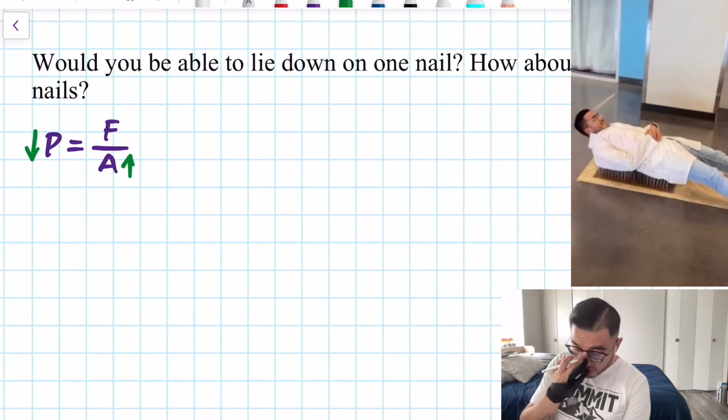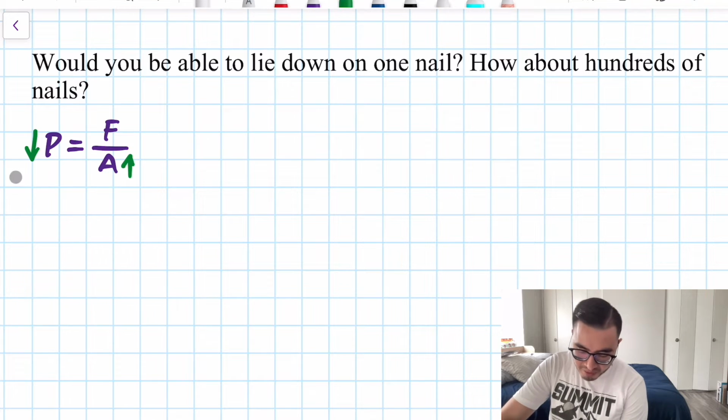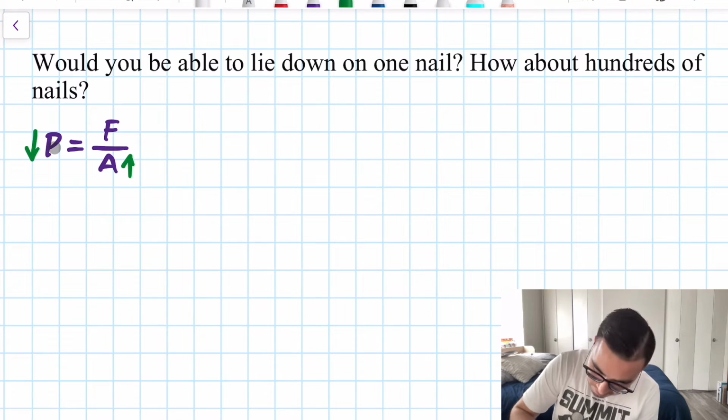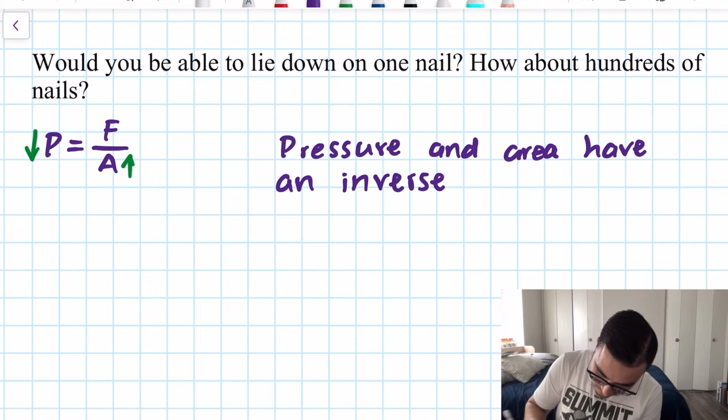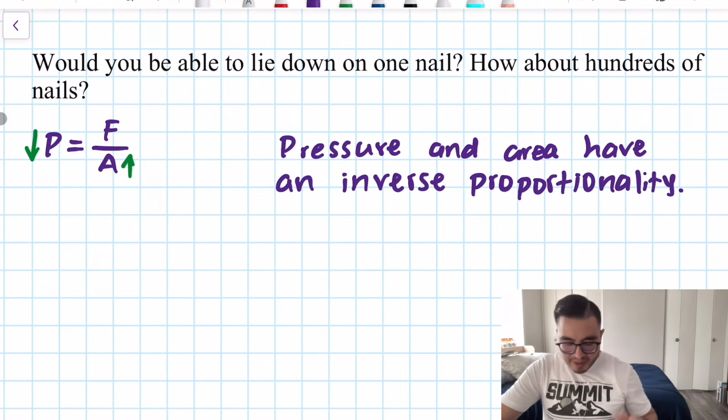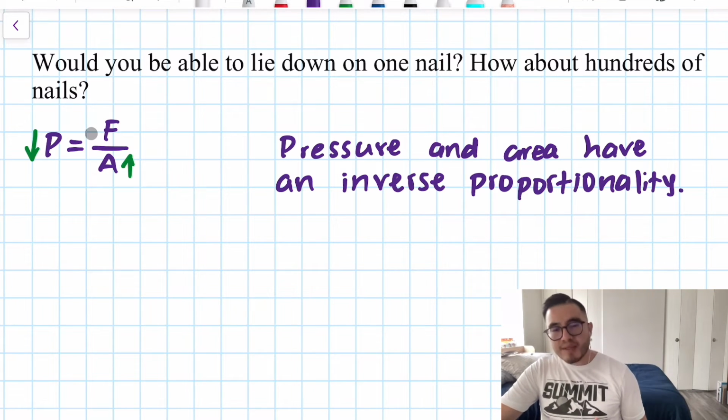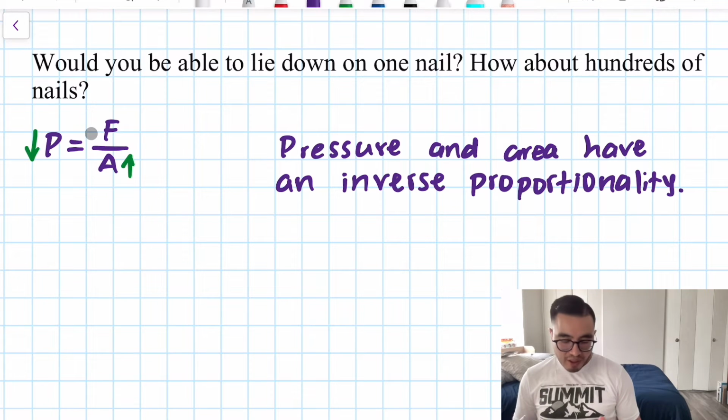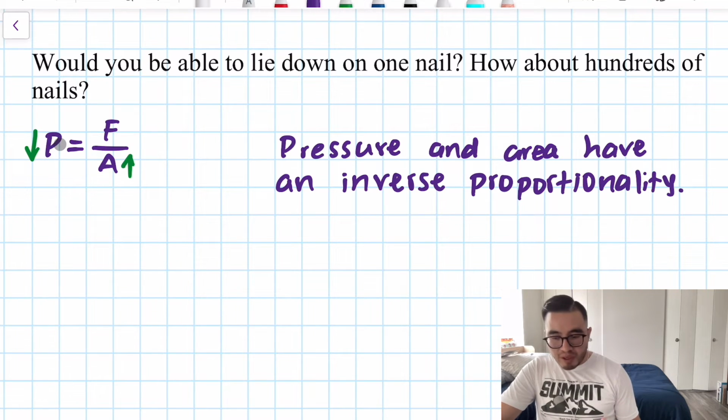So now let's write down this proportionality so we don't forget about it. In this case, because the force was constant, because my weight is constant here on Earth, changing the area changed the pressure dramatically. And also the force and pressure are directly proportional.